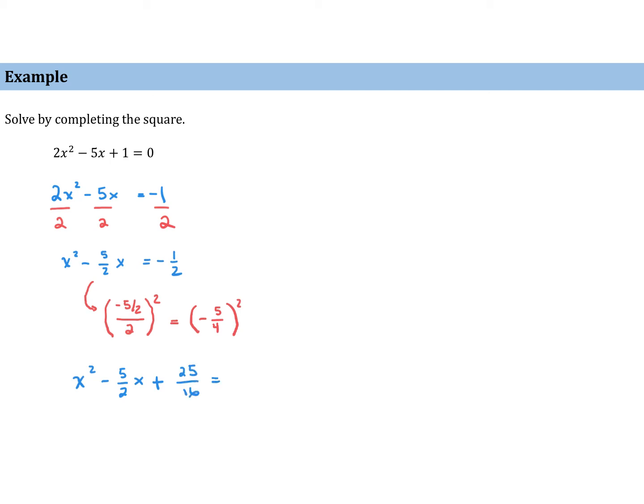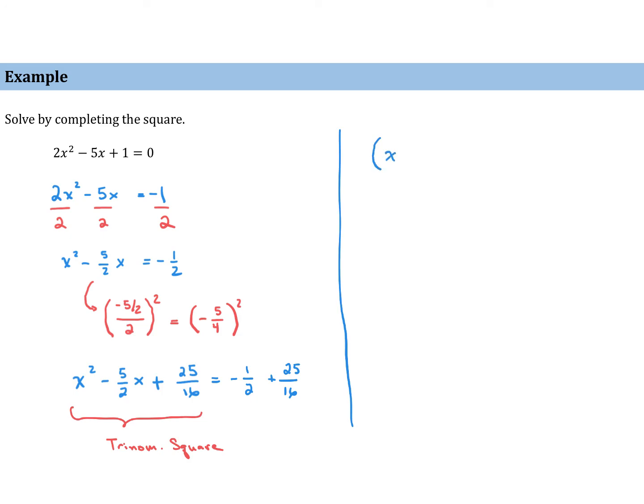Now let's worry about the right-hand side. We had negative 1/2, but to that we need to add 25 sixteenths to balance. So the left-hand side is a trinomial square. So if we factor it, we'll have x.